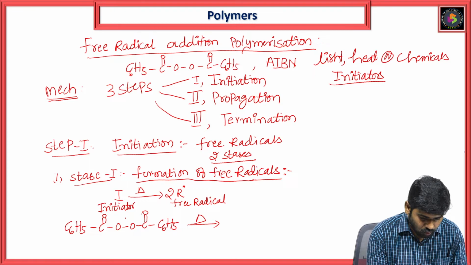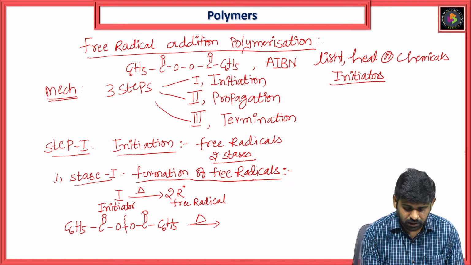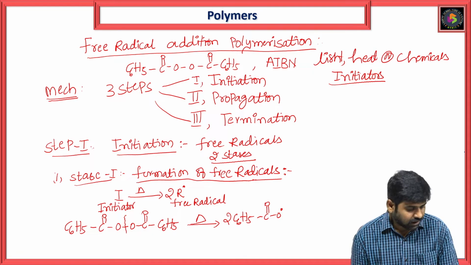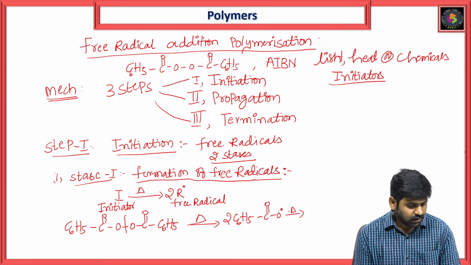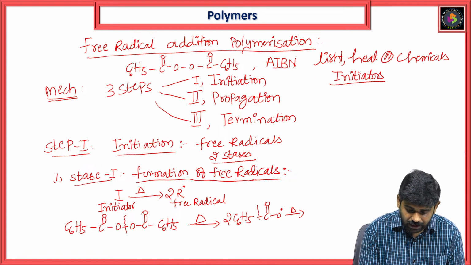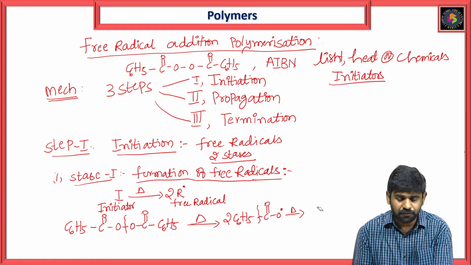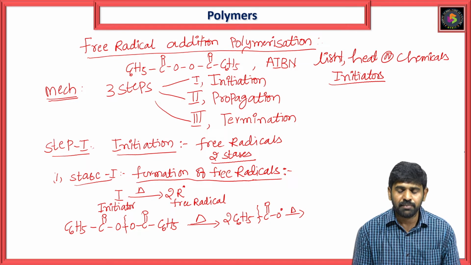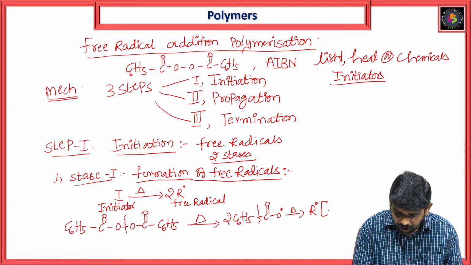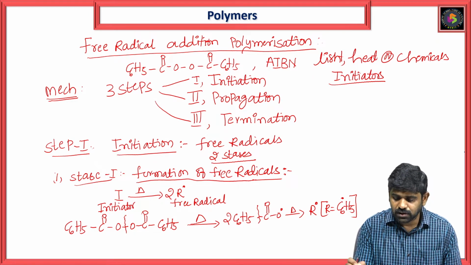The O-O bond breaks here, giving 2 moles of C6H5COO dot, which upon further heating evolves carbon dioxide, resulting in the formation of the phenyl radical, R dot, where R is C6H5.